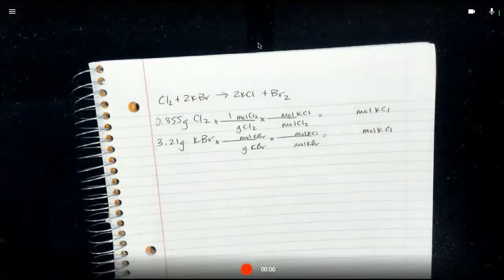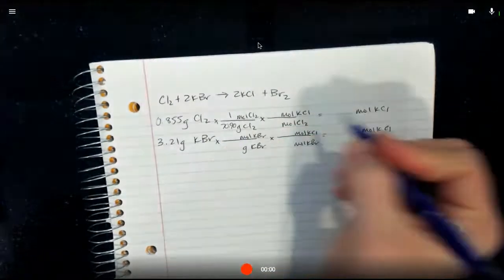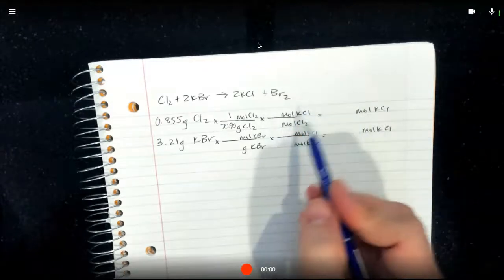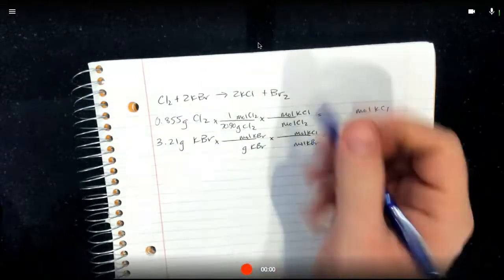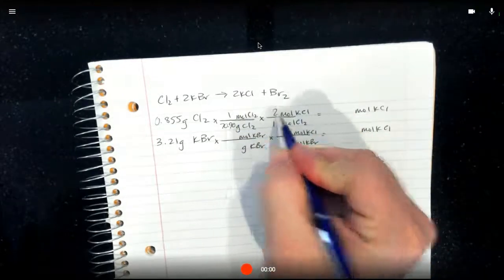For grams of chlorine, we'll use the periodic table and add up the parts. Then mole over mole, refer to the balanced chemical equation and use the coefficients. The coefficient for chlorine is a 1. The coefficient for potassium chloride is a 2.